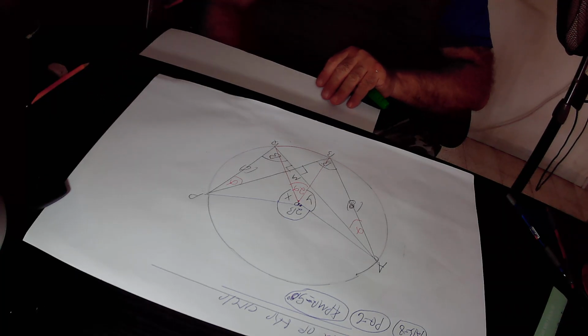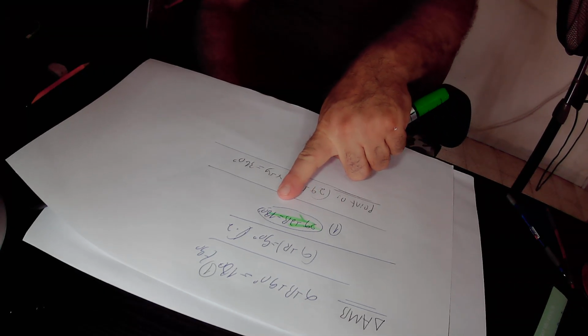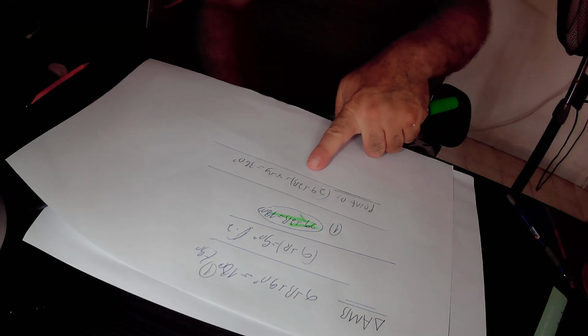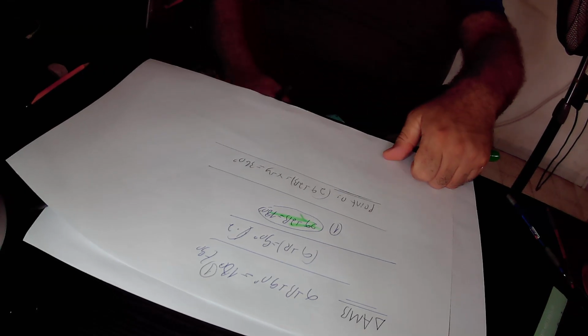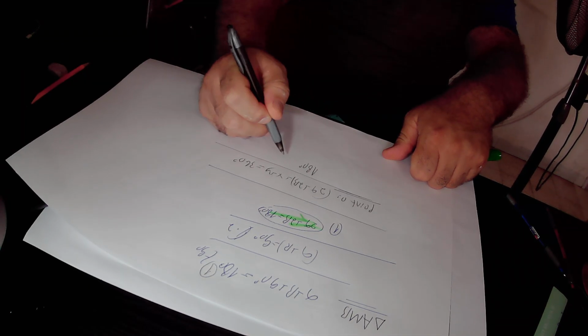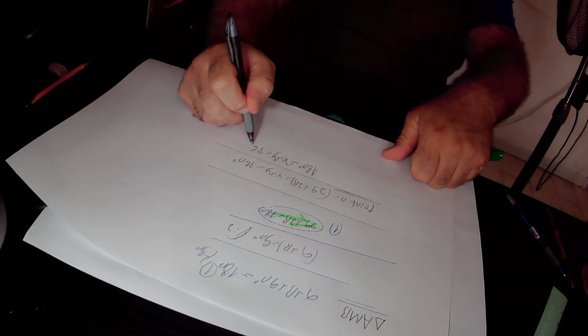We already found out that 2 alpha plus 2 beta equals 180 degrees. Therefore, we substitute 2 alpha plus 2 beta in this equation by 180 degrees. So we have 180 degrees plus x plus y equals 360 degrees.